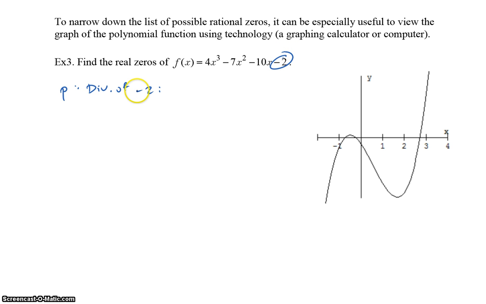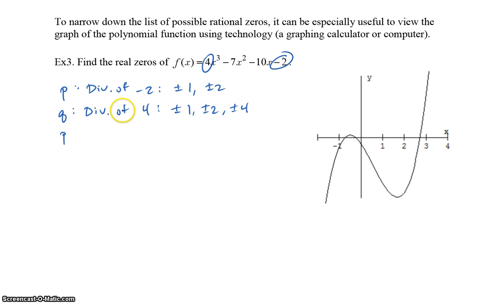And that would be plus or minus 1, plus or minus 2. The q's would be the divisors of the leading coefficient, which in this case is 4. That's plus or minus 1, plus or minus 2, plus or minus 4.